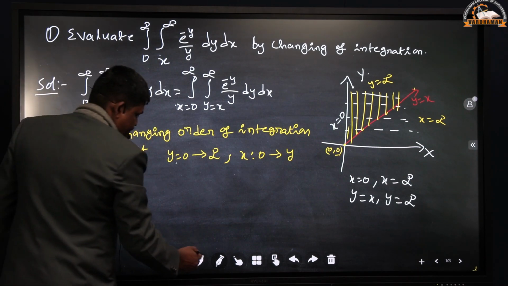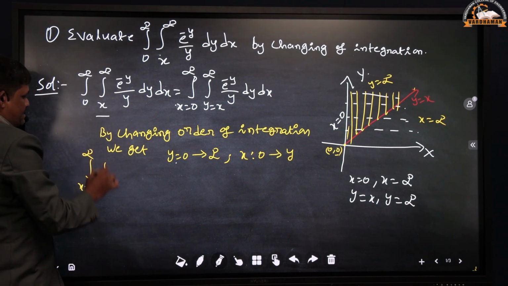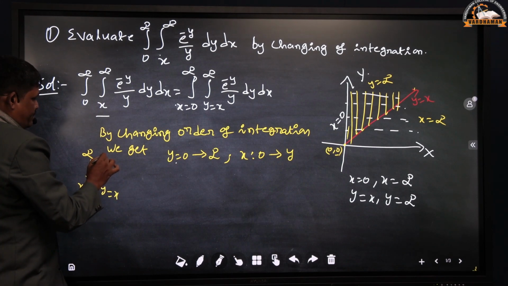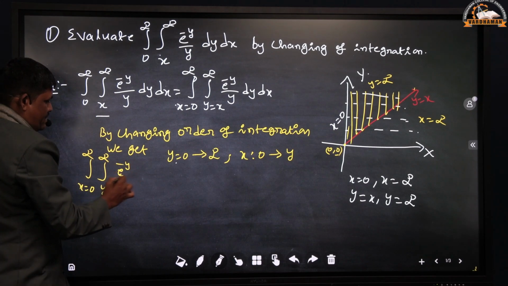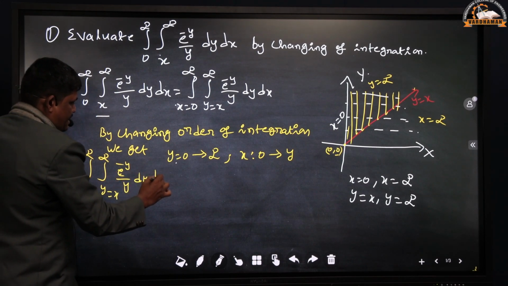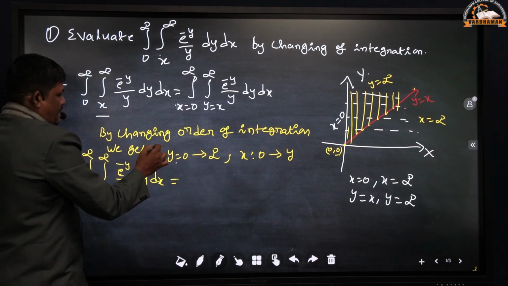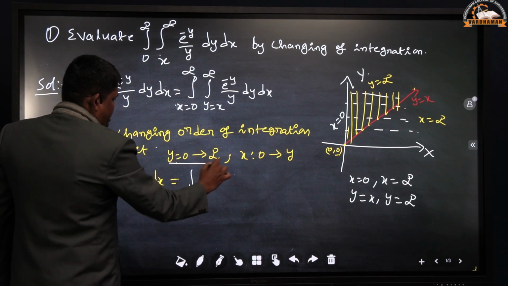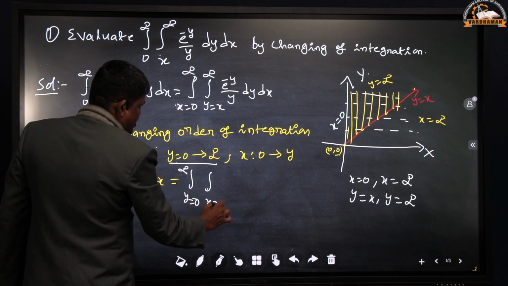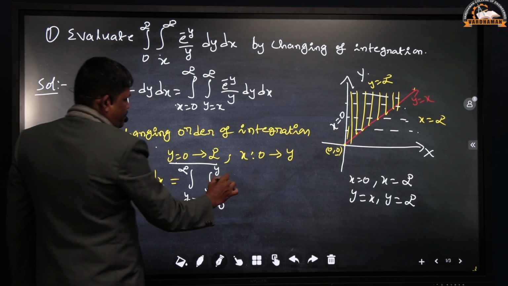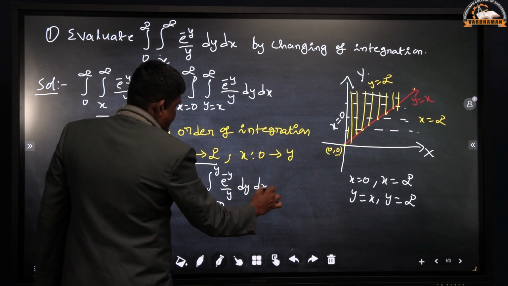Now we write the double integral, x from 0 to infinity, y from x to infinity of e power minus y by y dy dx, which changes to the integral with y from 0 to infinity and x from 0 to y of e power minus y by y dy dx.